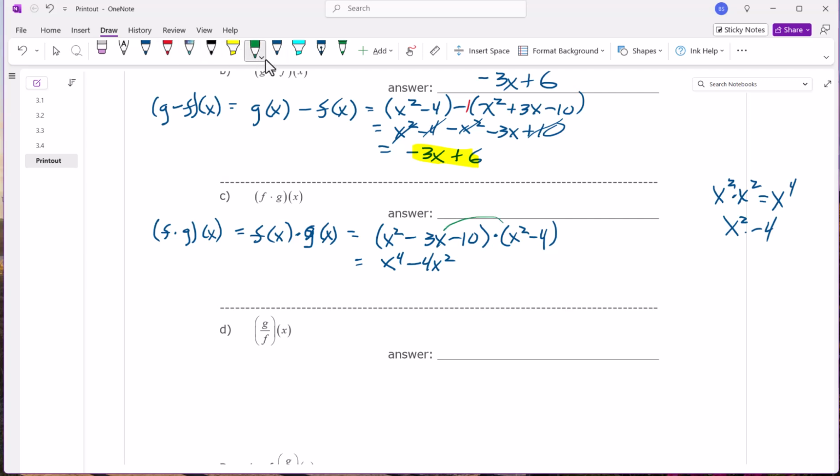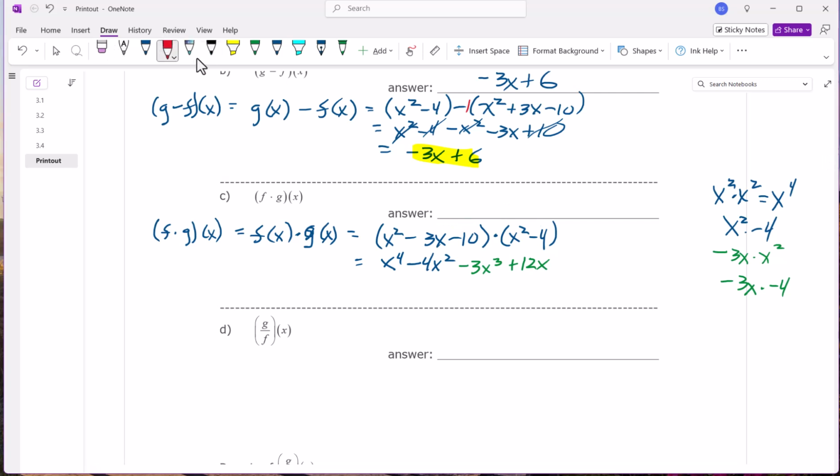Okay, then we'll go to the next piece, which will go like this. So we'll do 3x times x squared. We'll give 3x to the third. Then we'll do 3x times negative 4 will be negative 12x. Be sure that you're careful with your signs.